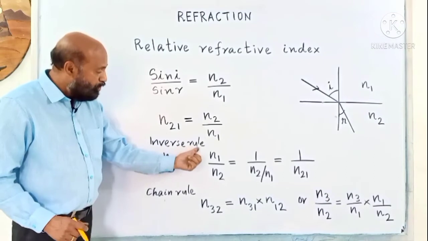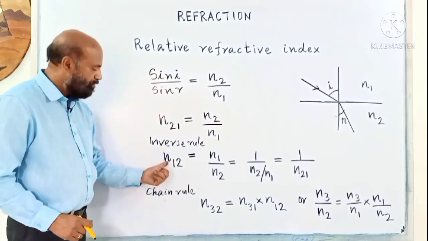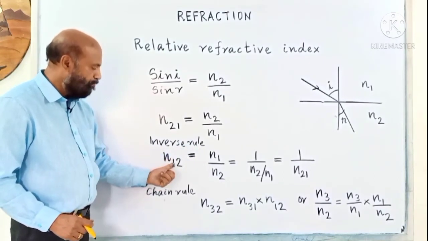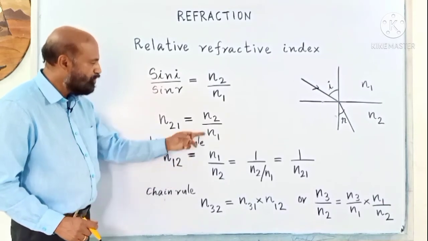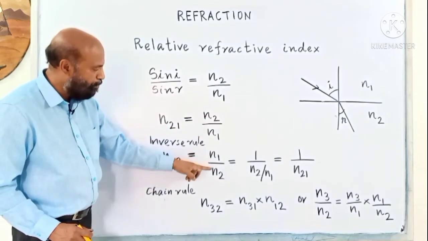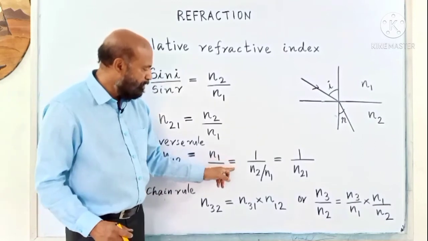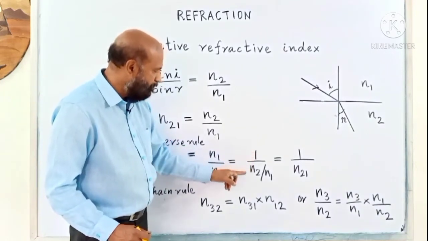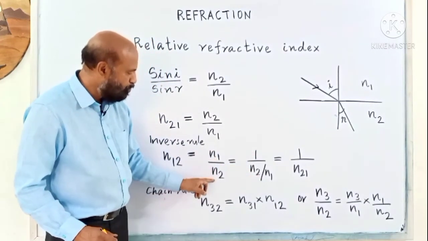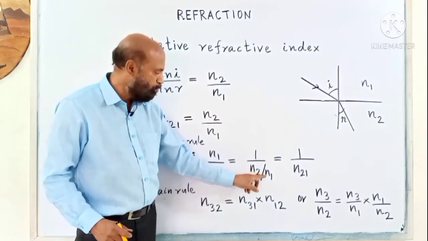Now let us see the inverse rule. Here, the refractive index of the first medium with respect to the second medium. Instead of n2 by n1, now it is n1 by n2. That can be written as 1 by n2 by n1.